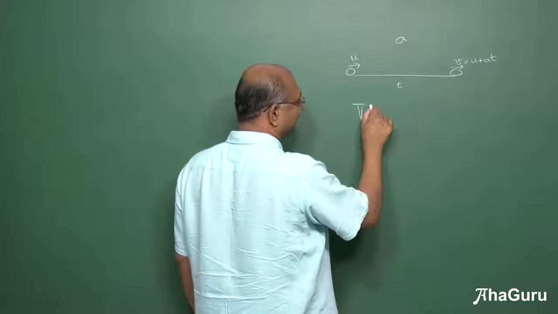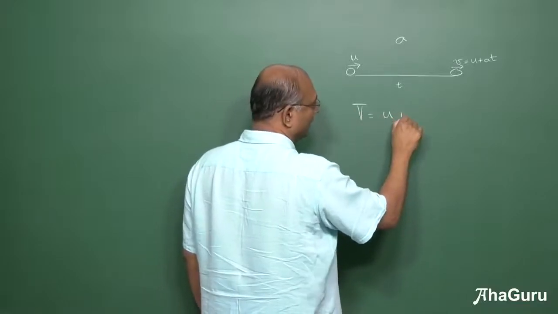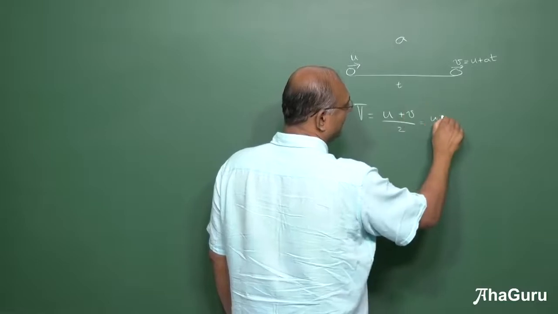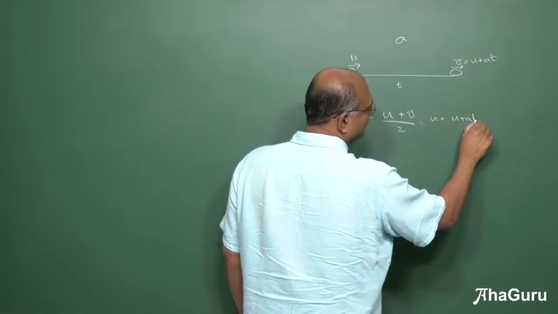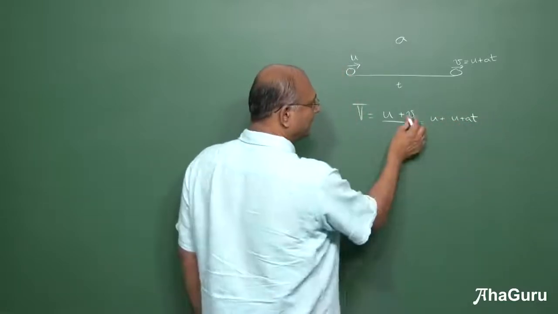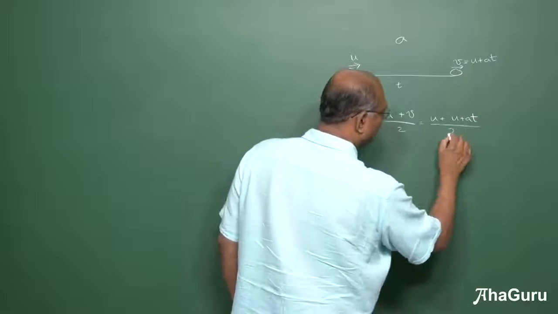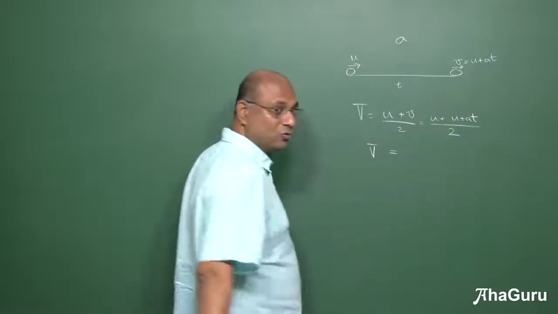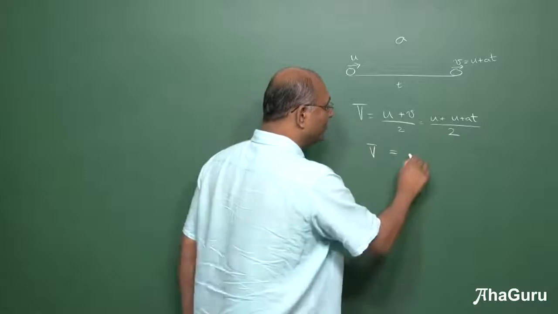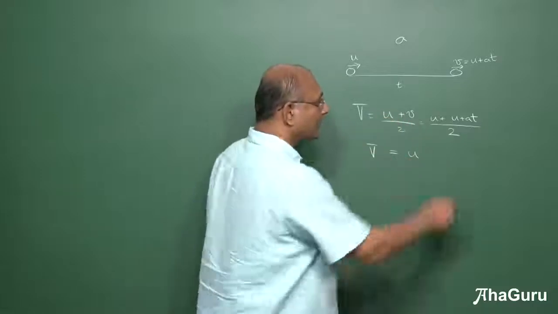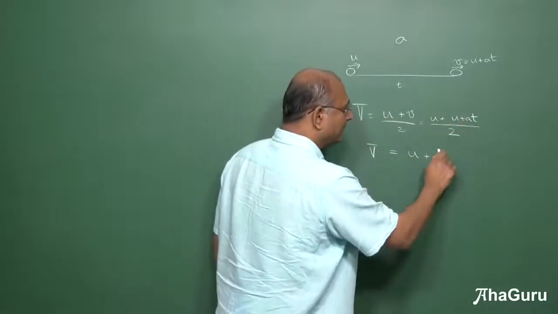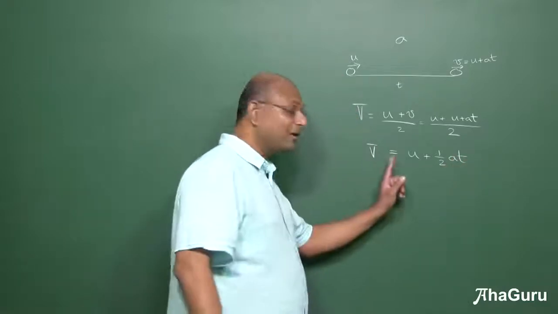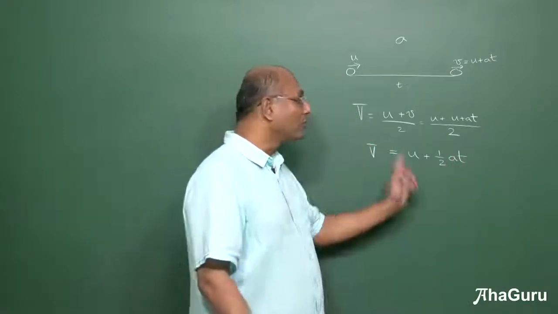So what is average velocity? U plus v by 2. But what is v? U plus at. Correct? So it is u plus u plus at by 2. Now look at what is happening. U plus u, 2u. 2u by 2 is u. Then at by 2 is half at. So average velocity is also u plus half at.